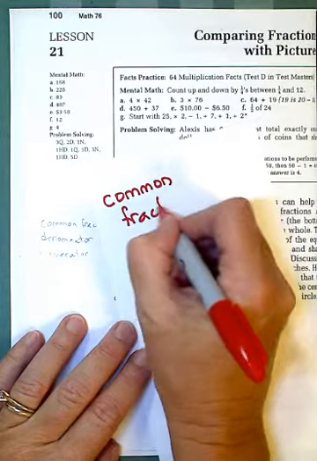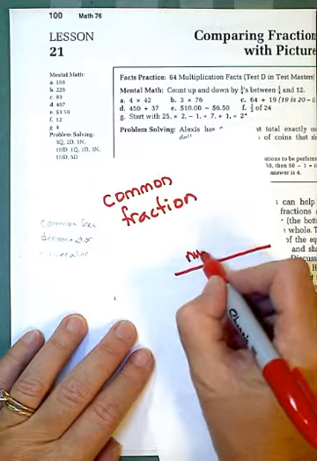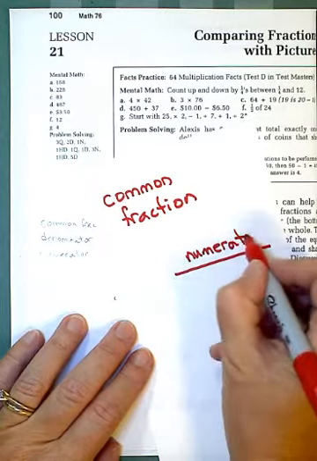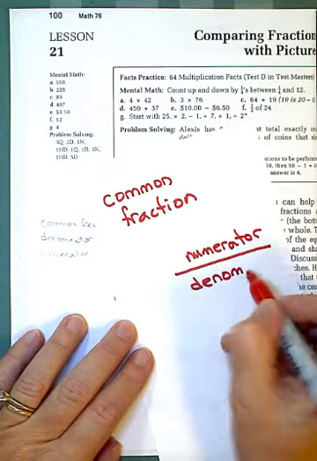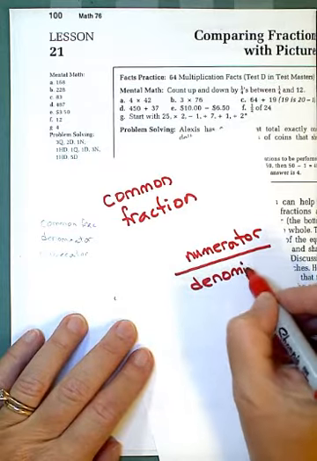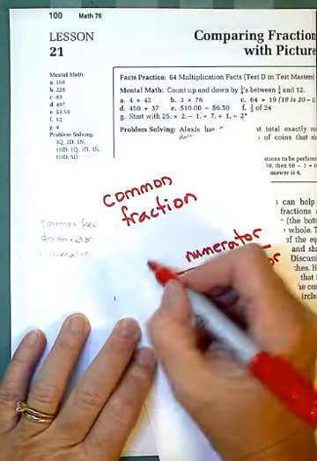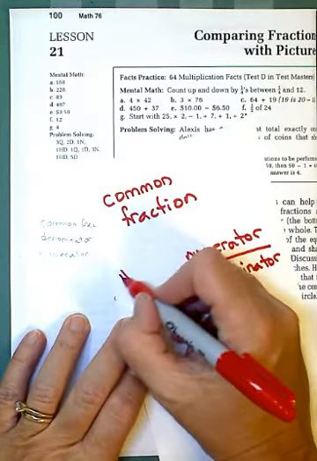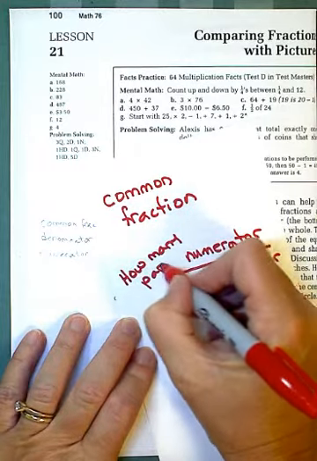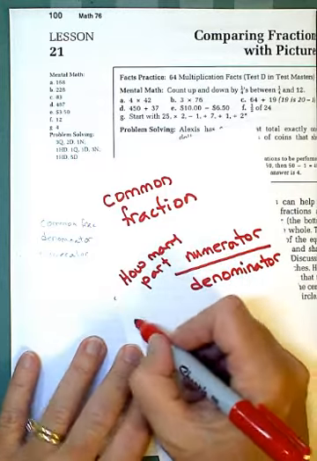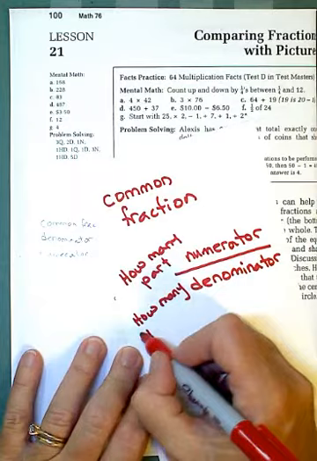In a common fraction, we have our numerator on top, our denominator on the bottom. The numerator tells us how many parts, and the denominator tells us how many total parts there are.